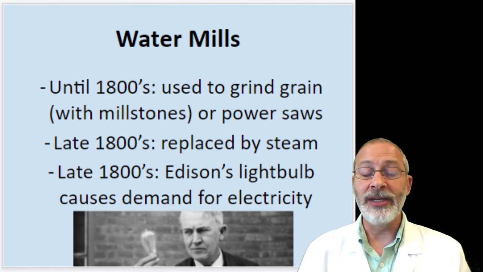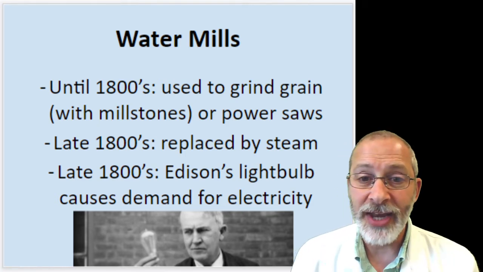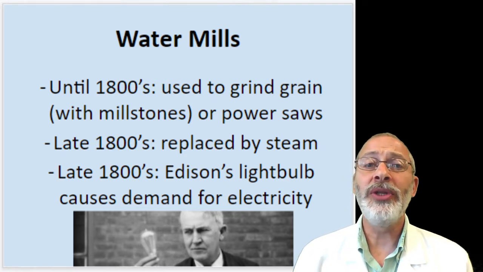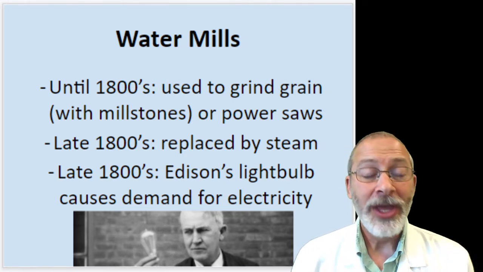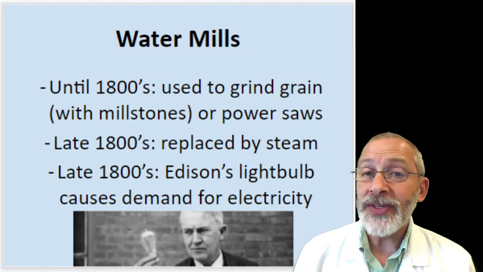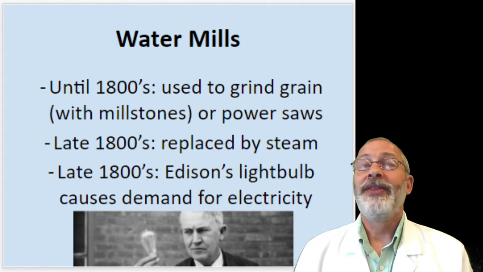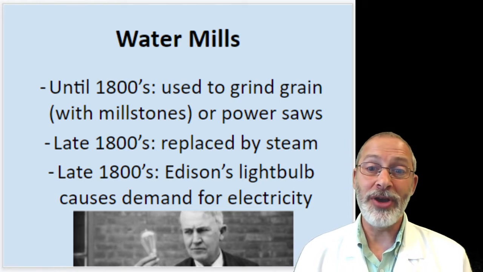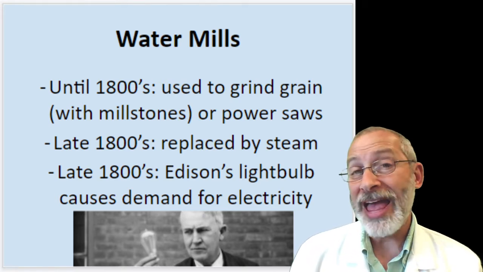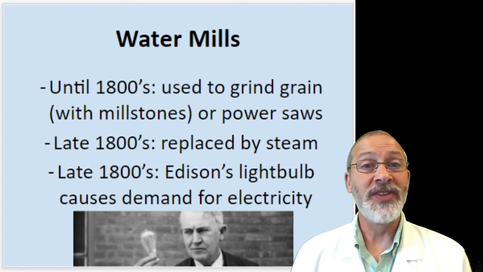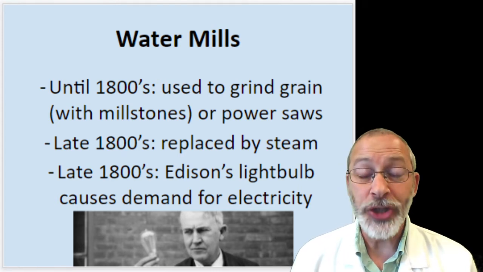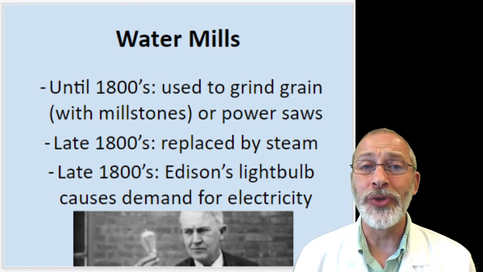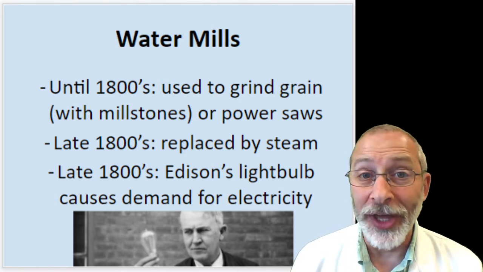Now, in the late 1800s, Thomas Edison's light bulb was not only very innovative, but it also promised the transformation of nighttime. You see, because before Edison's time, when the sun set, it got dark. That may be a difficult concept for some of you to even grasp a hold of.